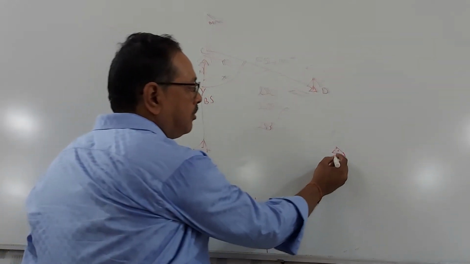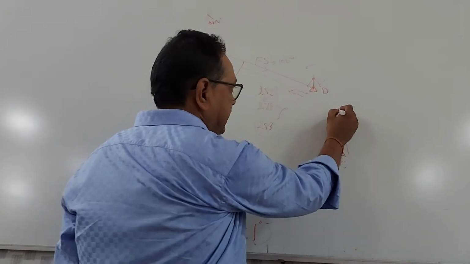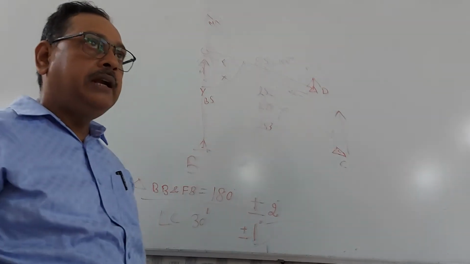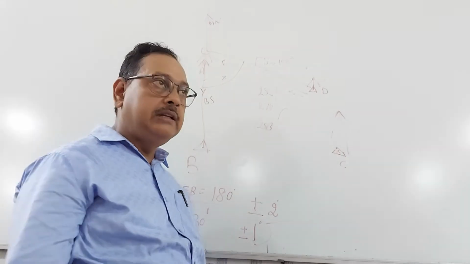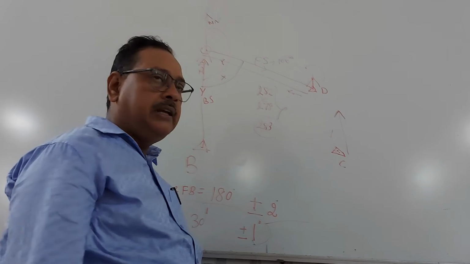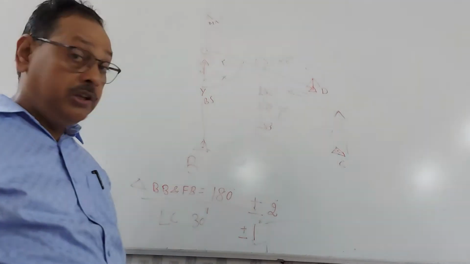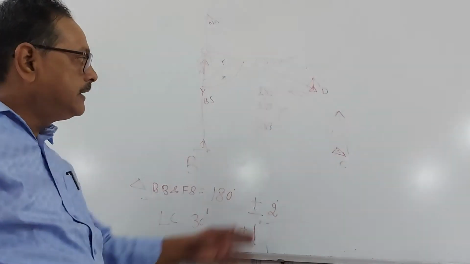Then move to C. First check the back bearing, right? Again check whether the difference is within the permissible limit. Theoretically it is only 180 degrees, but I have already told you what the permissible range is for you students.